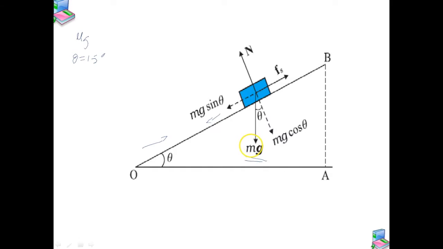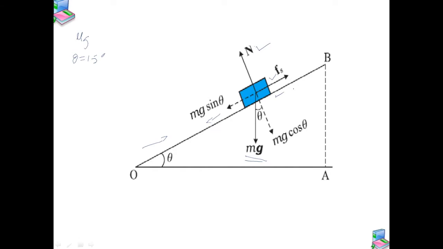And the normal force N of the plane on the block, opposite to this weight. The third one is a static frictional force between this block and the plane, which is opposing the impending motion.